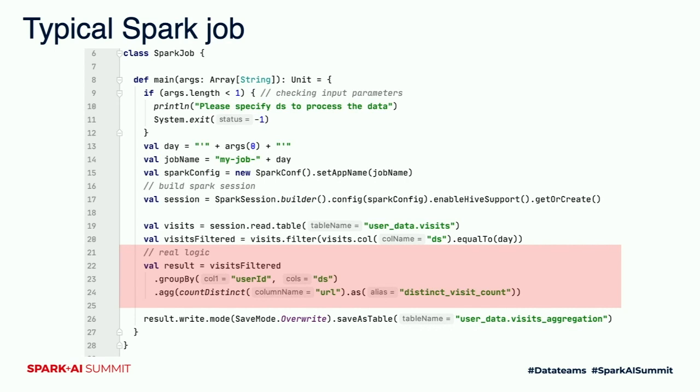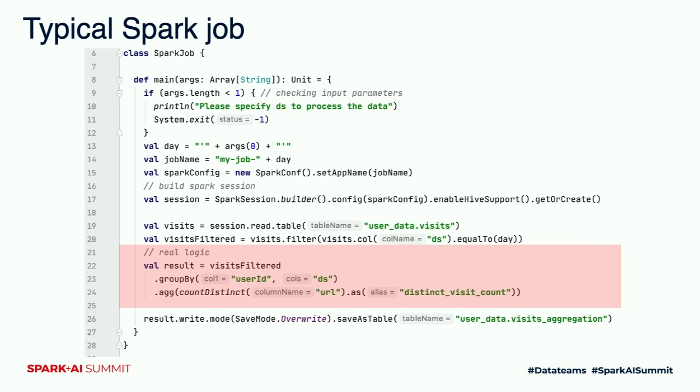We need to create a Spark context so we can run our Spark application. We need to filter the data for the date we are working with. After that, we need to write our business logic and process this data. And then we write our data to the result table.